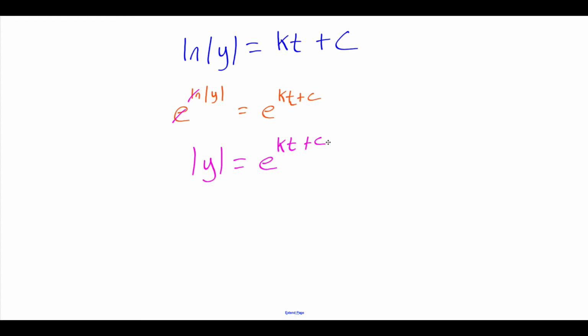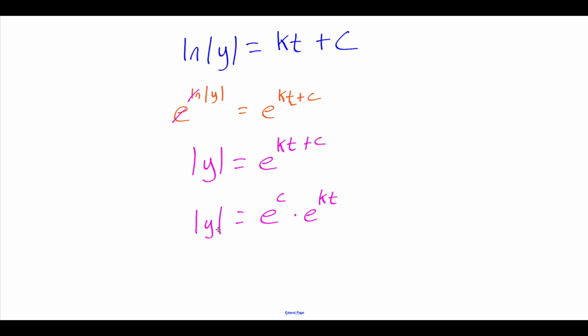But then we can use a property of exponents to rewrite that right-hand side. When you've got addition happening with exponents, that came from having multiplication with the exact same base. So we could actually rewrite this as e to the c times e to the kt, because if you multiply the same base together, then you add the exponents.